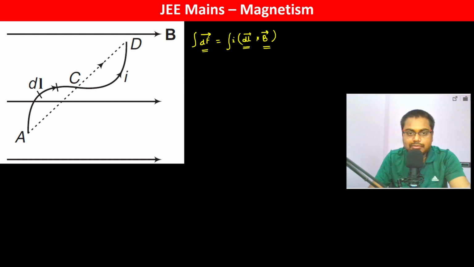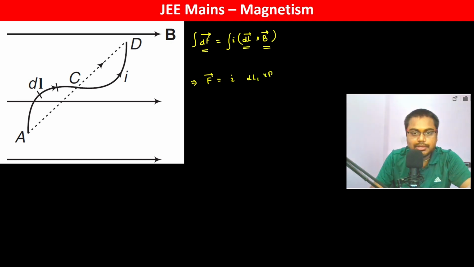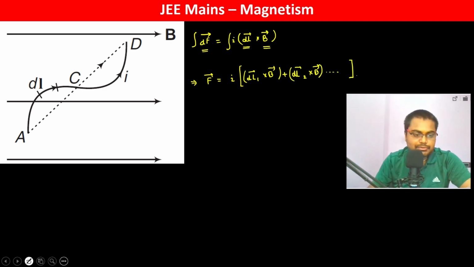If we see very clearly, this entire force is going to be I, dl cross B. Therefore we have dl1 cross B, plus dl2 cross B, and so on. So what we have done is we have broken this dl into small elemental lengths.